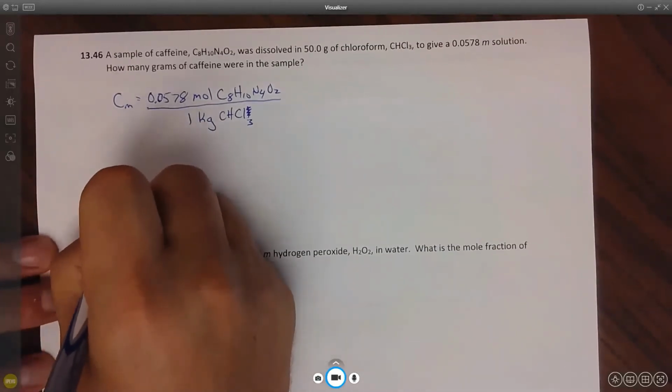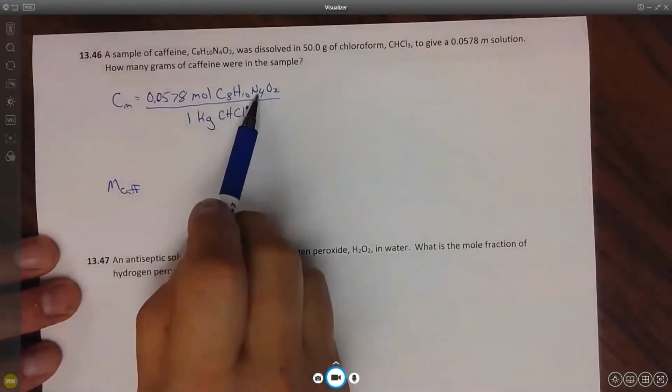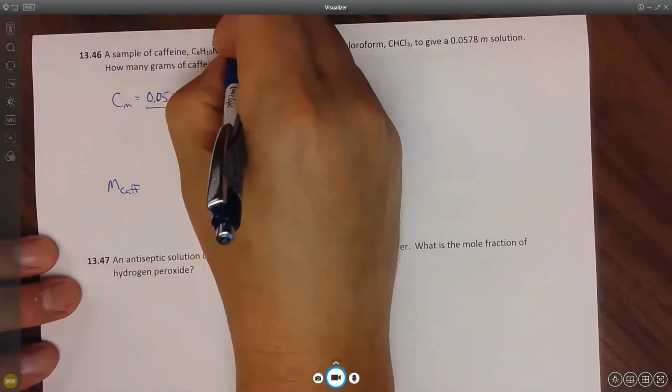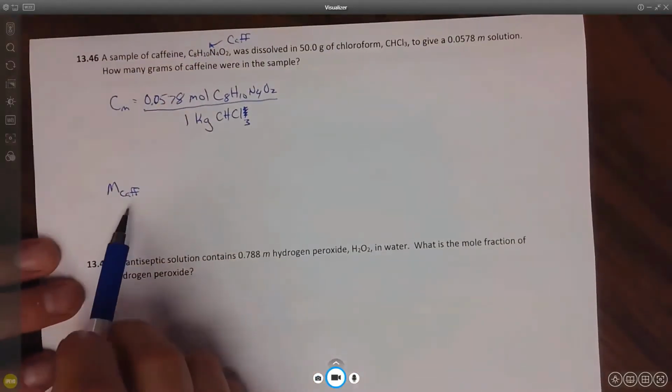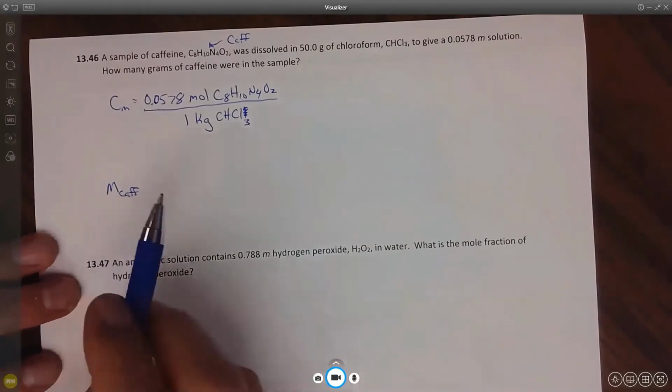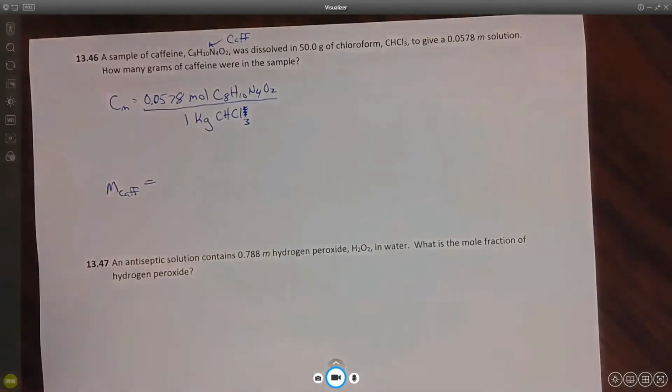So if we want to get the actual mass of the caffeine, and I'm just going to call it CAF, okay, so if we want the mass of the caffeine, well, I know that I can get mass from moles. So I need to know how many moles of caffeine there are.